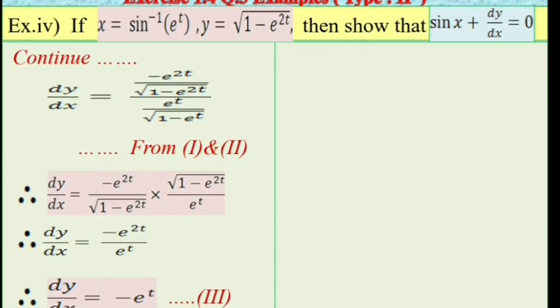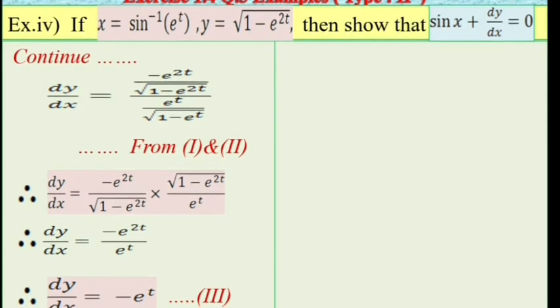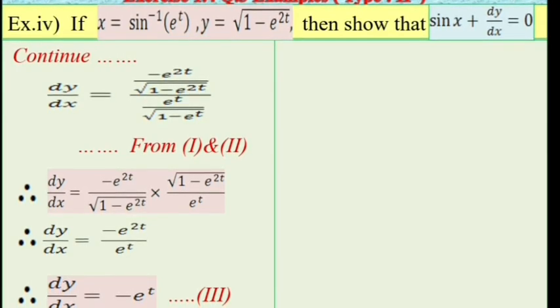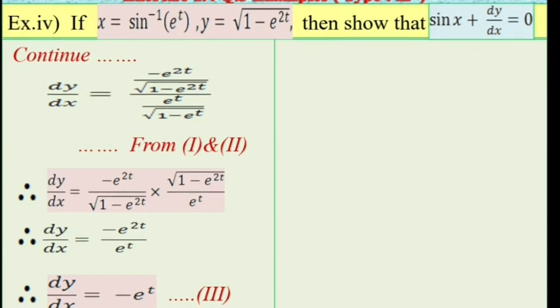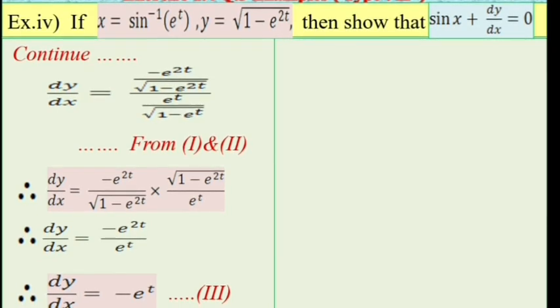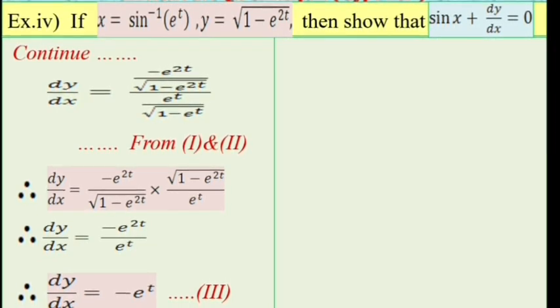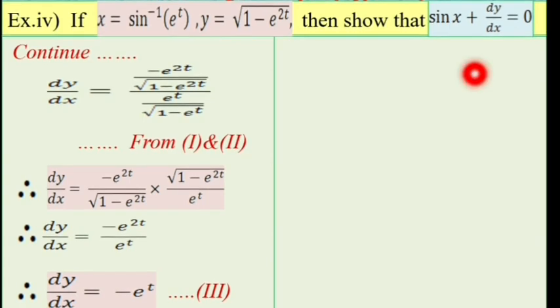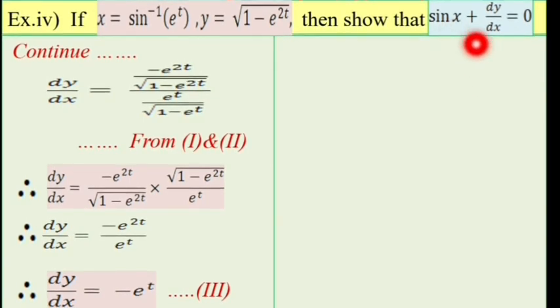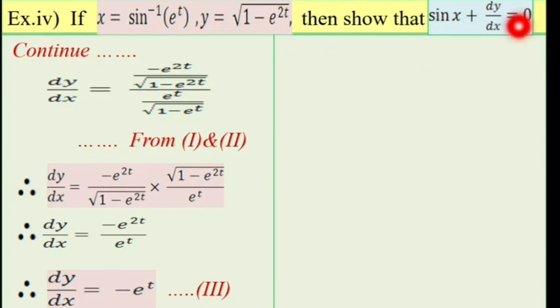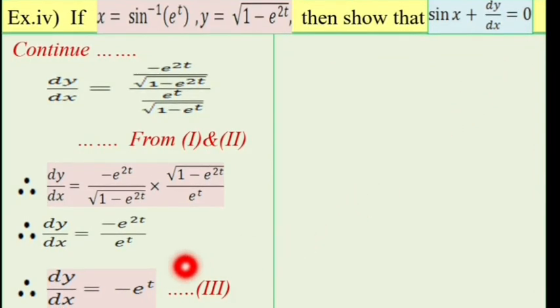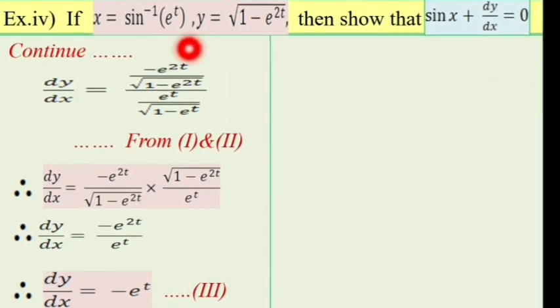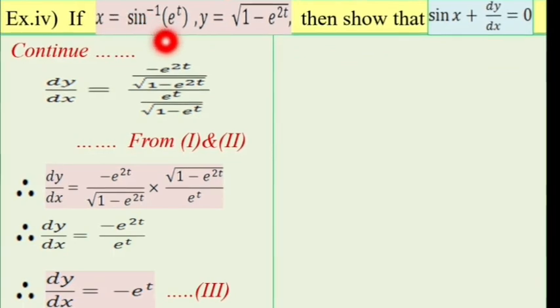That means firstly find the derivative of y with respect to t, then x with respect to t, and from this we get dy by dx equal to minus e raised to t. Now we have to show that sin x plus dy by dx equal to 0, but the given equation is in the form of e raised to t, therefore x equal to sin inverse of e raised to t.